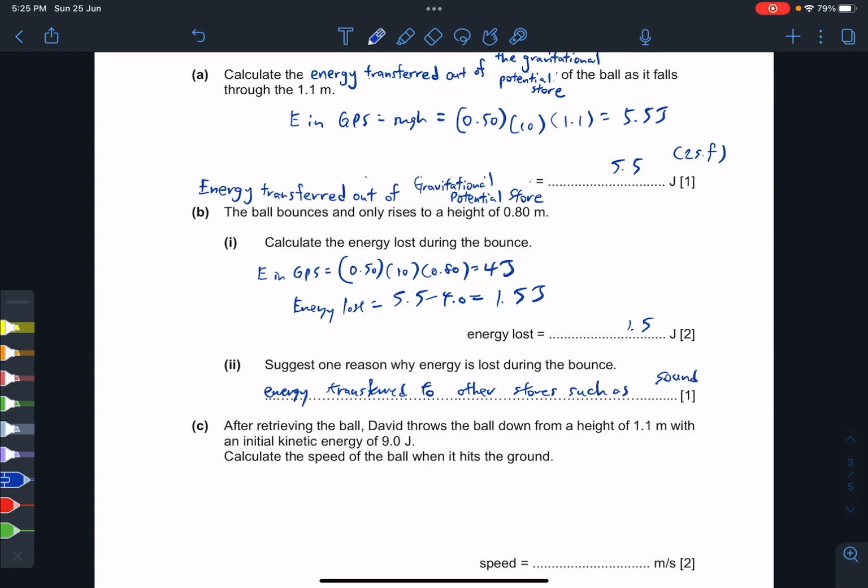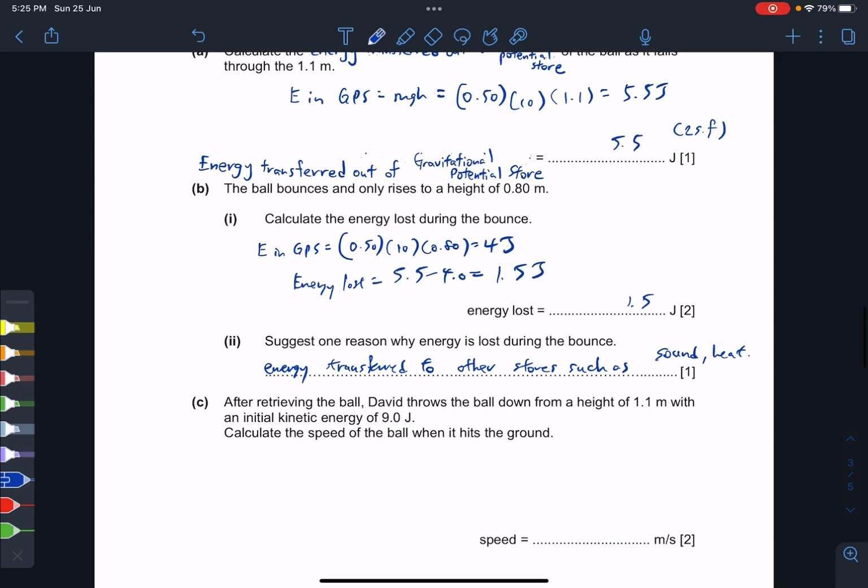Could even be heat. As you bounce the ball, maybe the ball gets a bit warmer because of the friction. After you retrieve the ball, this person is going to throw the ball down from 1.1 meter, but there is an initial kinetic, there's energy in the kinetic store.